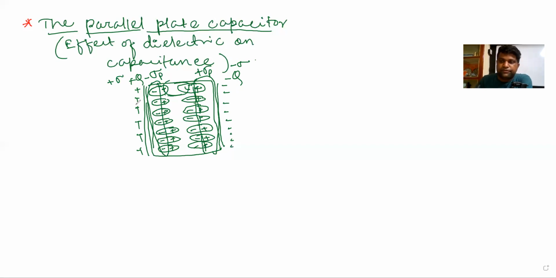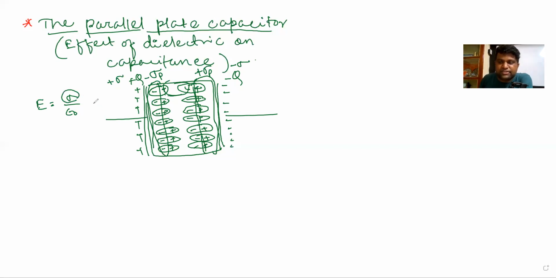Now if you remember in the last video, the electric field we wrote was sigma by epsilon naught in between the plates. So here the sigma will be modified. Sigma is the charge density on either side of the plate.